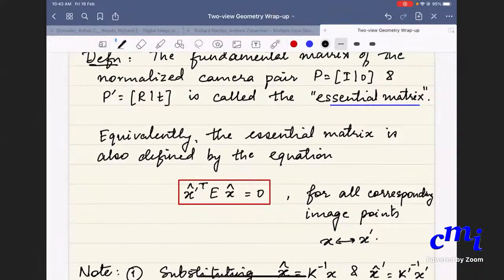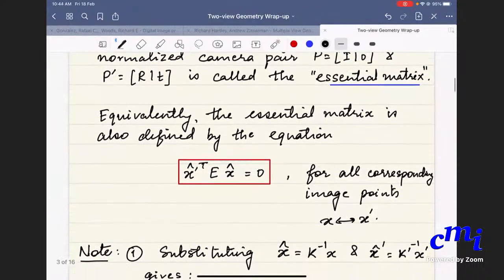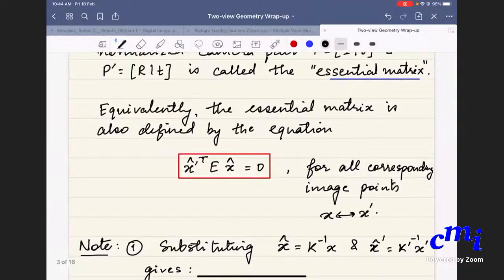So just like we have this set of equations for the fundamental matrix, similarly we have these equations for the essential matrix. Is this clear? So the essential matrix can also be defined as the matrix E which satisfies this equation for every pair of image points.